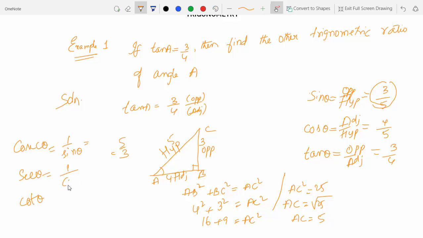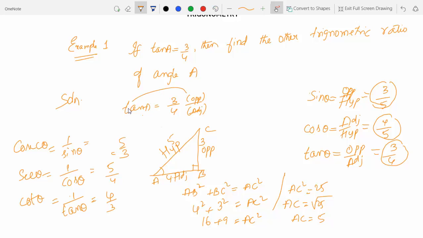Secant theta is the reciprocal of cos theta. Cos theta here I got as 4 by 5. So the reciprocal of 4 by 5 is 5 by 4. Cot theta is a reciprocal of tan theta. Tan theta we got as 3 by 4. Reciprocal of 3 by 4 should be 4 by 3.